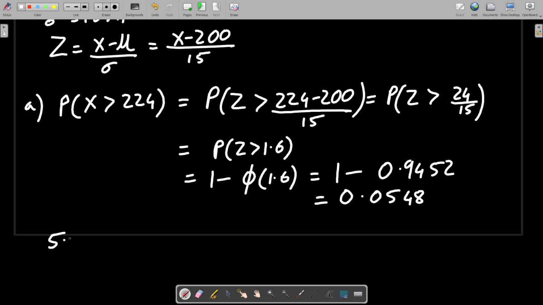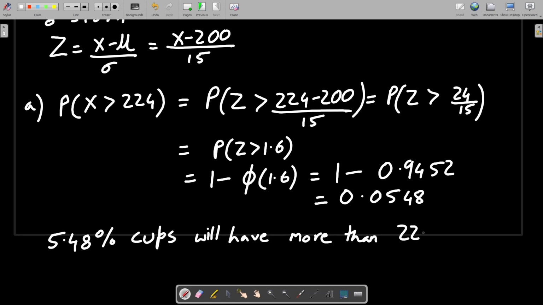So if you write this in terms of percentages, this is 5.48% cups will have more than 224 ml.